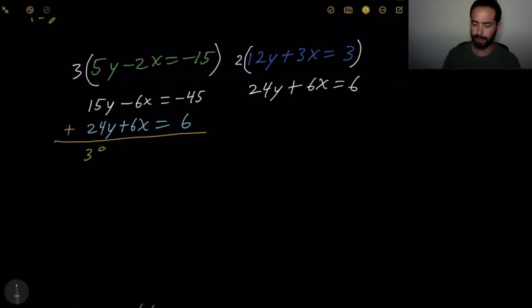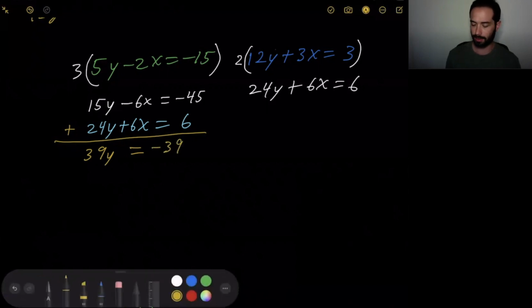That is 39y. Negative 6x plus 6x, that is 0, equals negative 45 plus 6. Well, that's negative 39. Well, look at this. This is coming right together. So we have 39y.